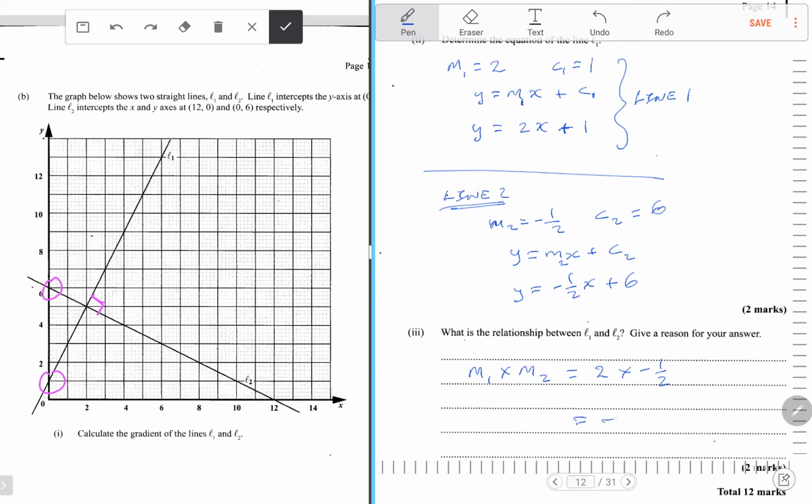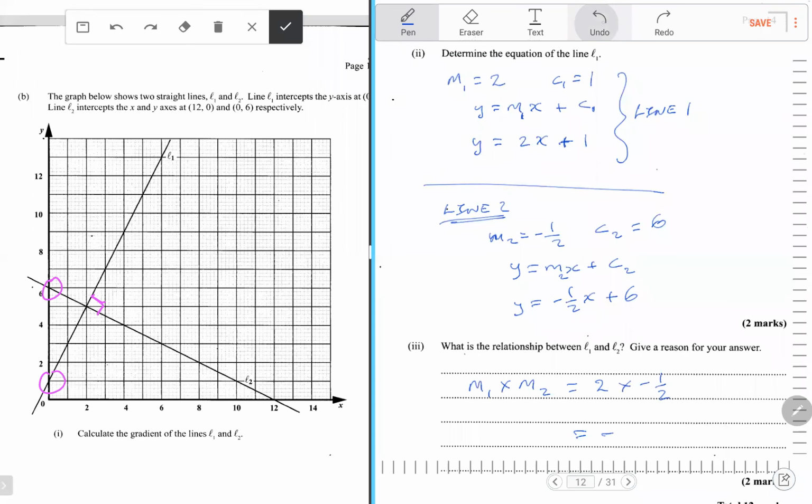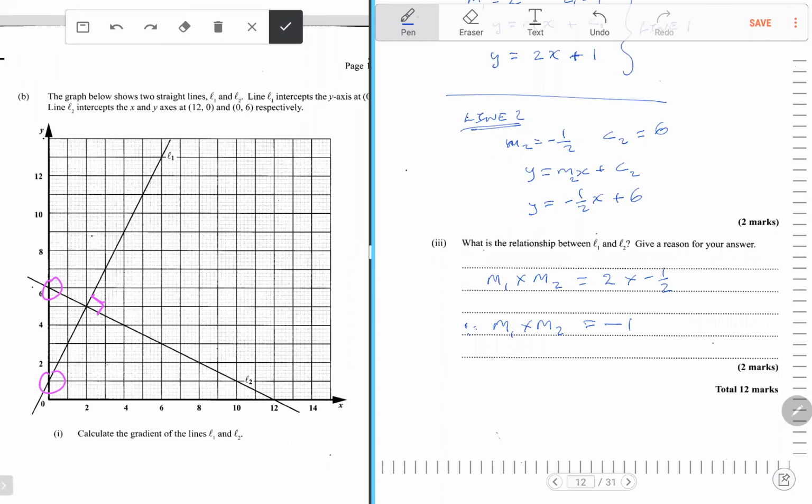That works out to -1, the product of the gradients. So m1 times m2 is negative 1. When the product of the gradients is negative 1, it means that they are perpendicular.